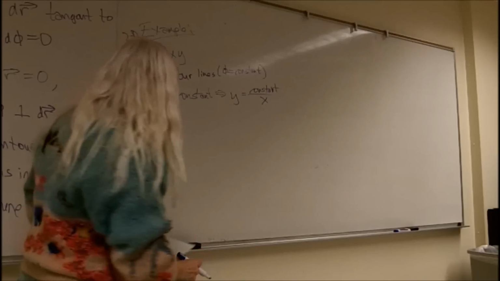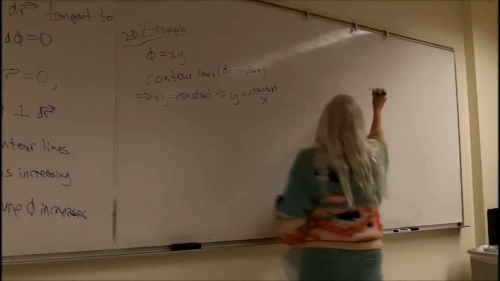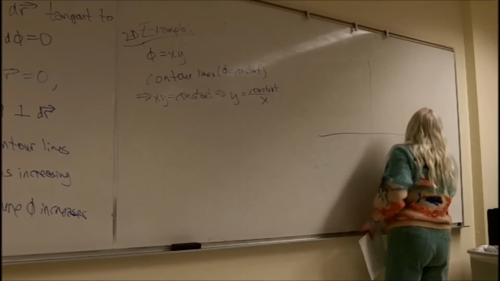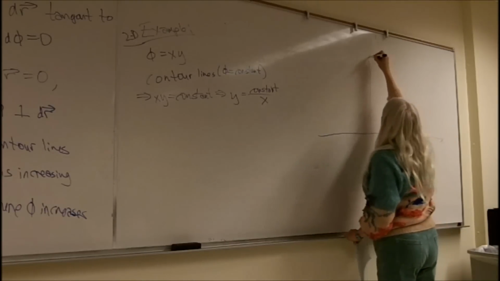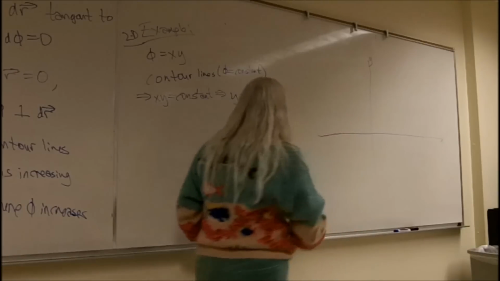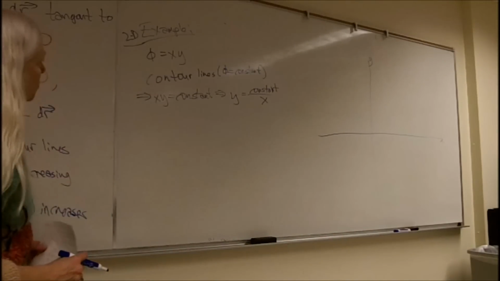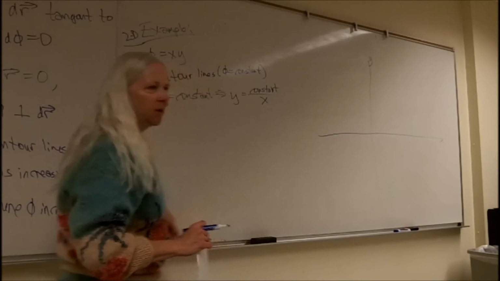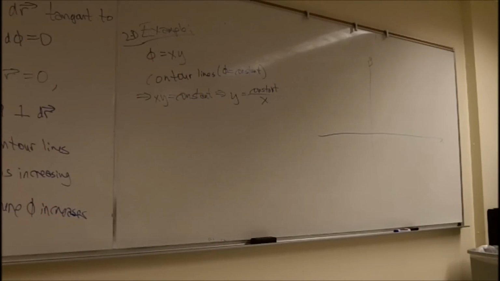So if I want to sketch some contour lines, here are my x and y axes. I would use a different value of this constant for each line and simply label each line by the value of that constant.